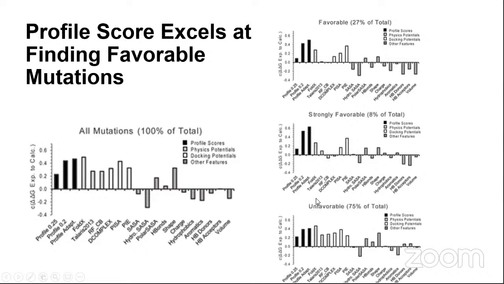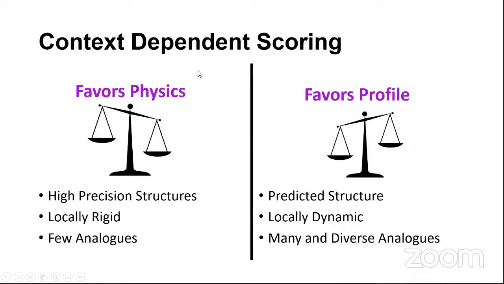And it doesn't do too badly at the unfavorable, which are most of them, but those are the ones we're not that concerned with. So it's a very fast method. It's very conceptually simple, and it is also complementary. It succeeds in the cases where the physics-based methods don't necessarily work.